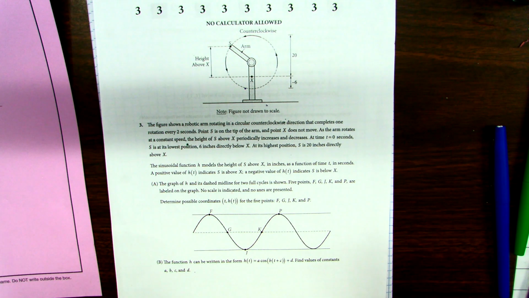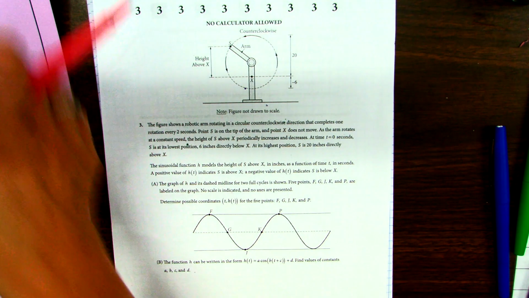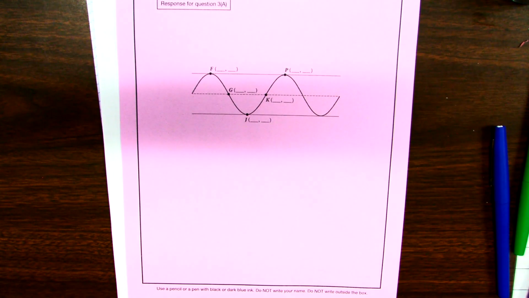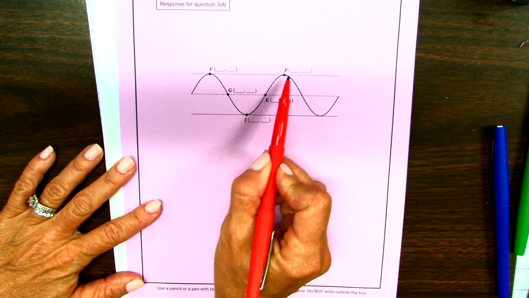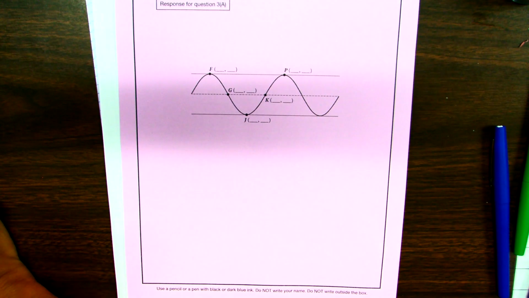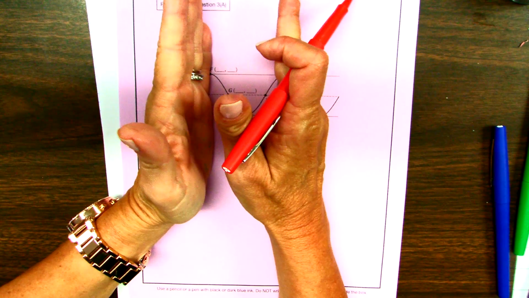Cycle. How many points is one period, one cycle, one rotation? 5. 1, 2, 3, 4, 5. One period or cycle, in this case rotation, is always 5 points. That's always how we break up that space on the x-axis.